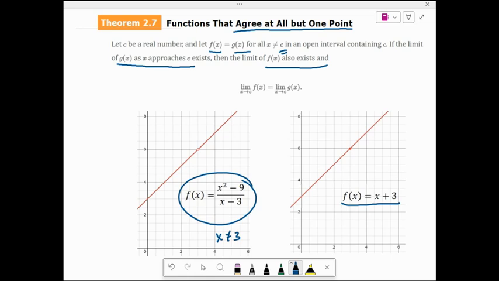So since these two functions are exactly the same, we could actually call this the g of x in our theorem up here. Since the limit as x approaches 3 of g of x exists, giving us 6, then we know that f of x's limit as x approaches 3 must also be 6. Even though f of 3 doesn't exist, g of 3 does, and that doesn't really matter for our purposes.